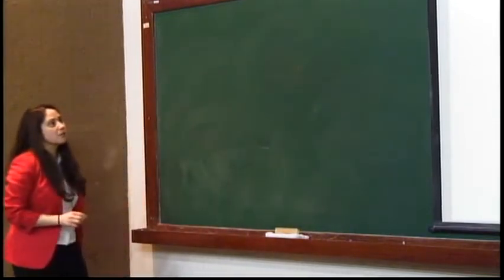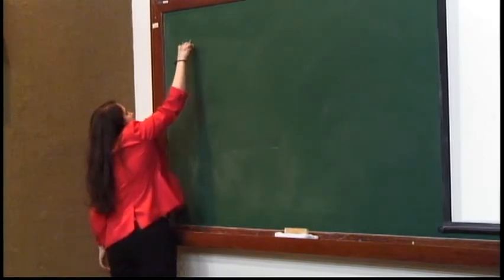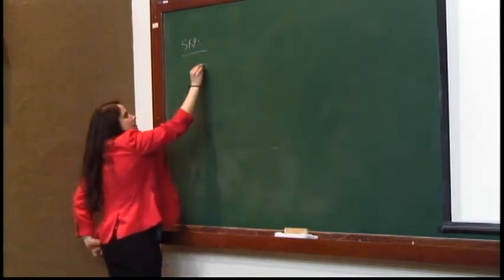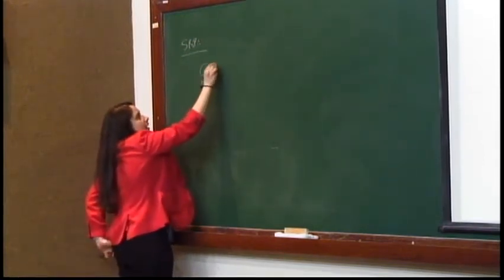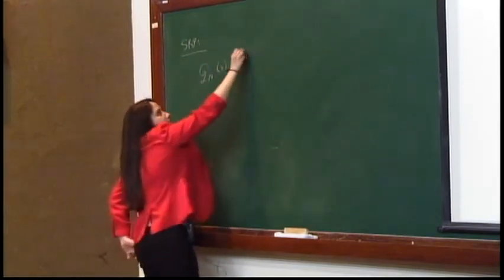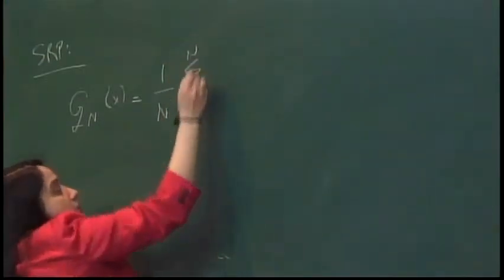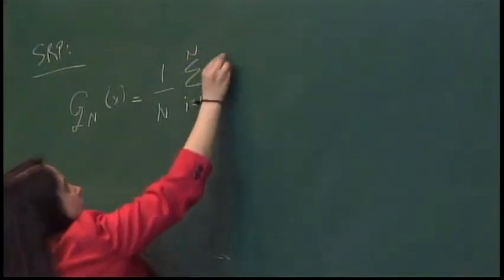Okay, so single replication procedure. Let's call it SRP. So what's our gap estimator? I wrote it as a calligraphic G of n of x. I create a sample. So far, let's use crude Monte Carlo, the regular Monte Carlo.